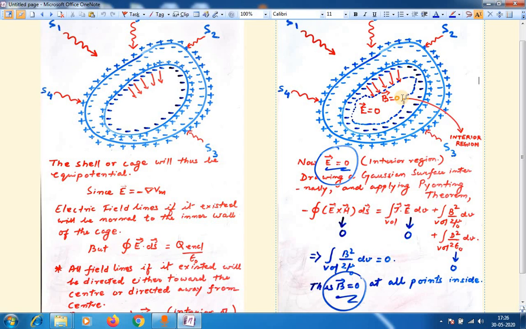So whatever may be the case outside, the electric and magnetic fields inside in the interior region of the shell are always 0. The important thing is we need to ensure a cage-like structure so that it is equipotential, and if you can't manage a cage-like structure, then also, for example in the case of a vehicle which is parked somewhere, and there is lightning outside.